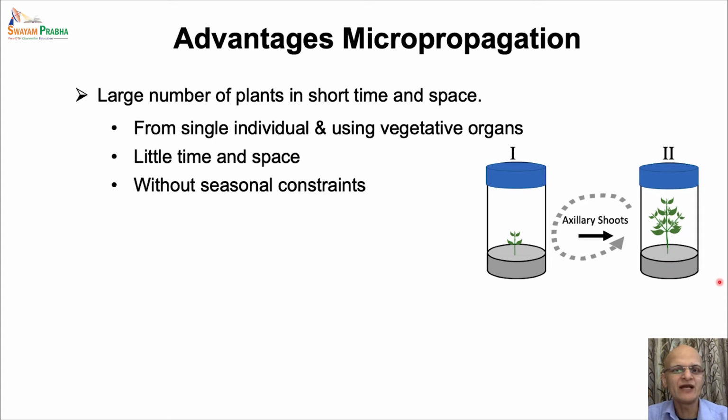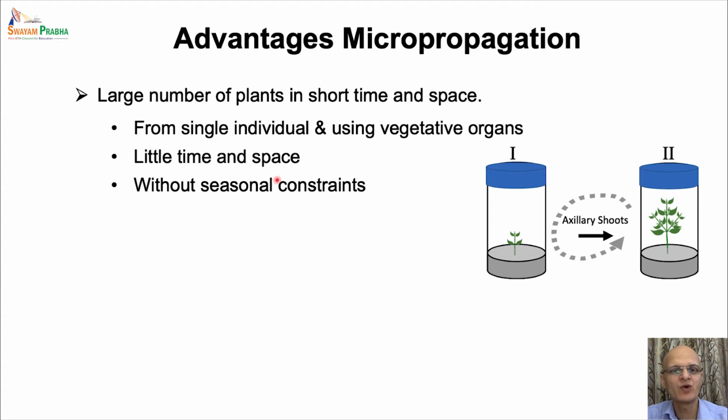Now, as we are using here the vegetative organs and multiplying them in the aseptic conditions, so the multiplication is not dependent on the life cycle of the plants, and therefore it can be done at any time and in a small amount of time. Further, all manipulations are performed at a micro scale.